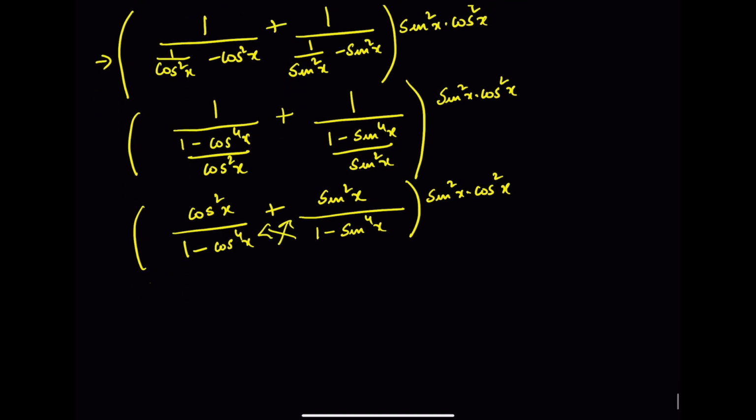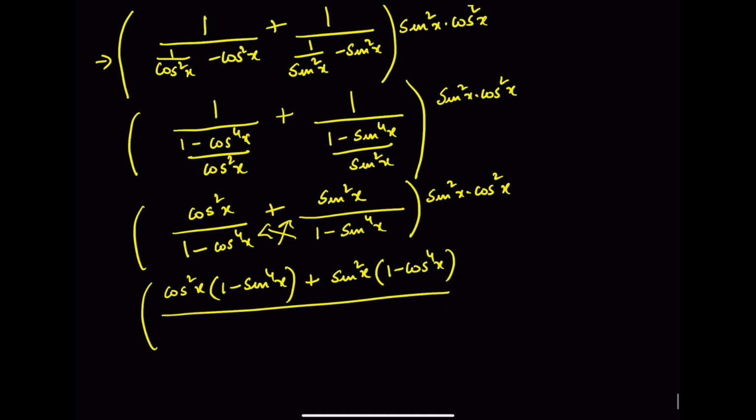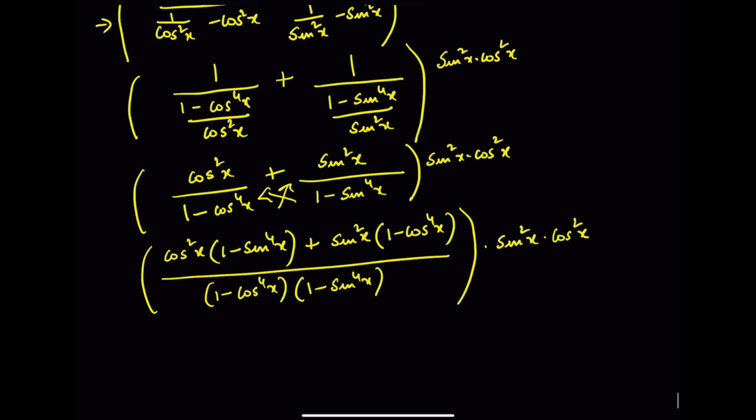So this would be cos square x times 1 minus sin to the power of 4x plus sin square x times 1 minus cos to the power of 4x, divided by 1 minus cos to the power of 4x times 1 minus sin to the power of 4x, times sin square x cos square x.